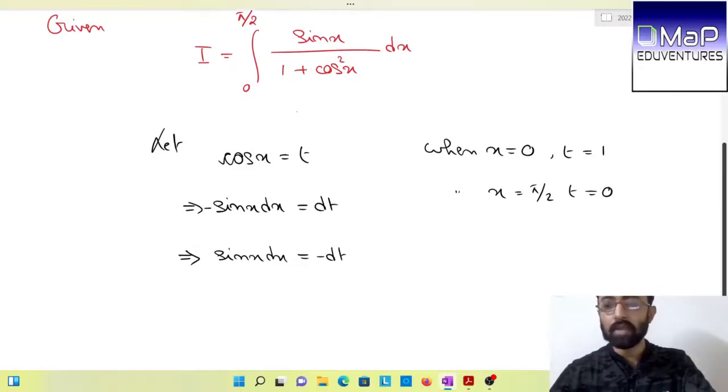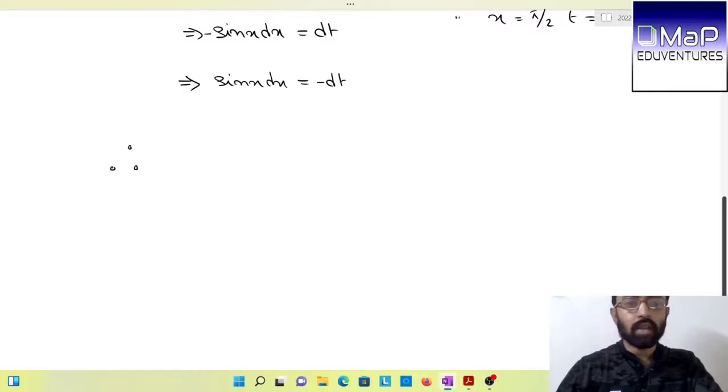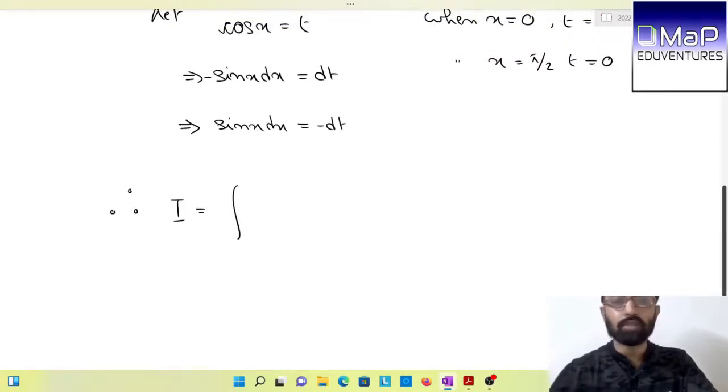Okay, simple. Now the integral is in t form. The limit was from 1 to 0, the numerator becomes minus dt and the denominator 1 plus t square.